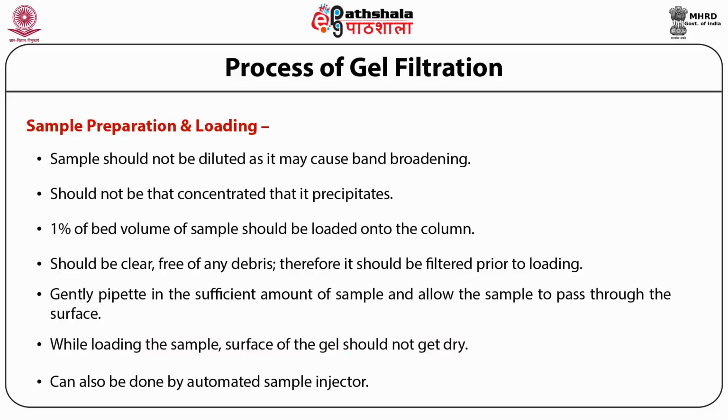Then add a little buffer on top of the column and set the upper adapter. This process of loading sample onto the column can also be done by an automated sample injector. If you use a sample injector, your surface will not be disturbed and your resolution will be higher.